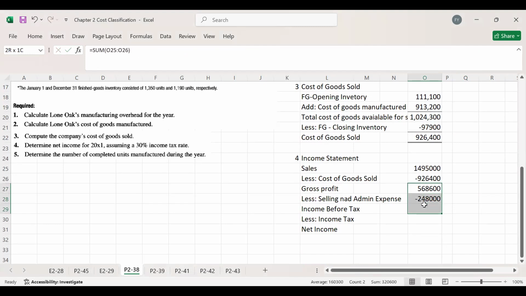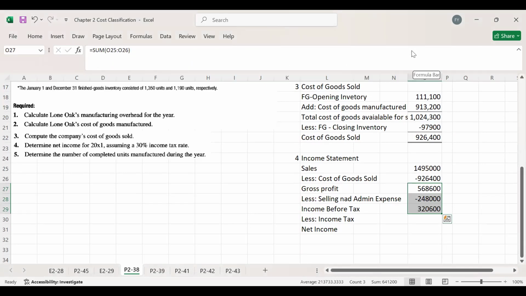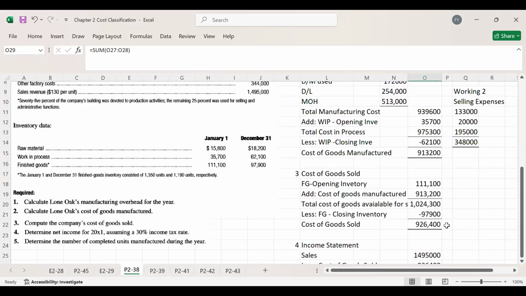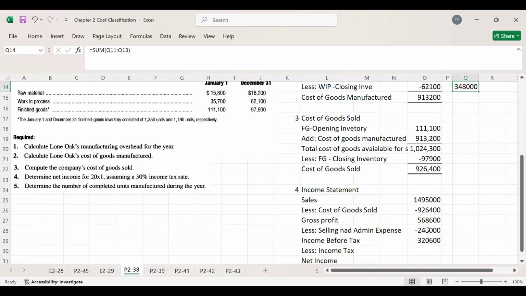So income before tax would be 348,000. So this is profit before tax.